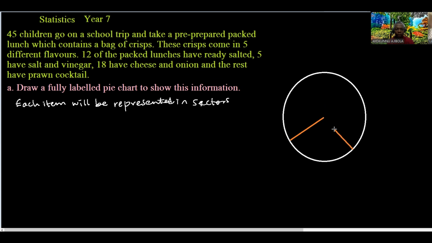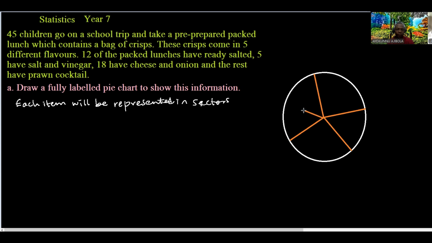Okay. Now look at this. In this particular one, this is a sector. So I can have another sector this way, a second one, making three sectors. Then another sector. And here I have five flavors to represent, okay?